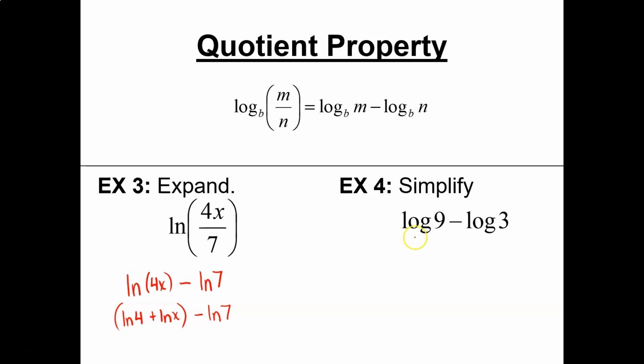To simplify, for this one, we would do log of 9 divided by 3, which would be log of 3. Again, you don't have to write that step. I'm just trying to be extra clear in notes so everybody knows what we're doing. Okay, questions?